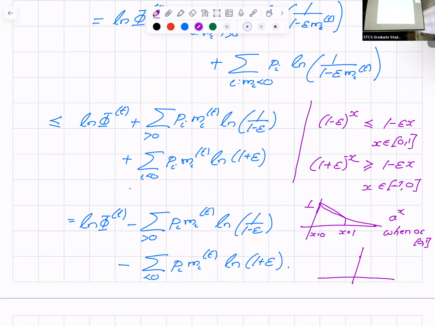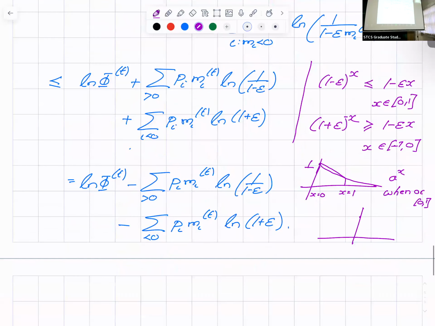Claim that this curve goes in the opposite direction. This is right, no? Because, let's look at this.